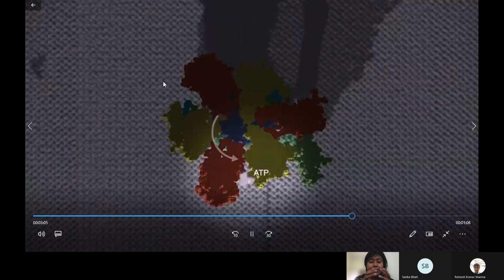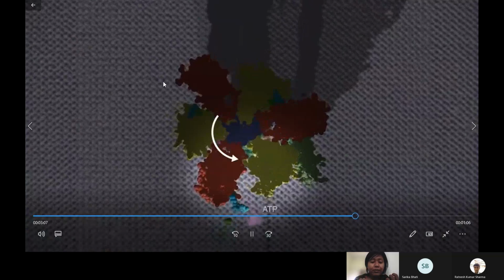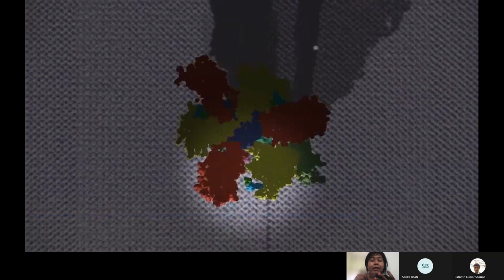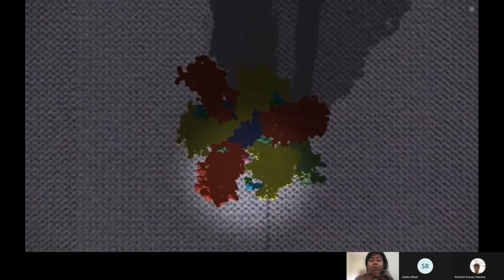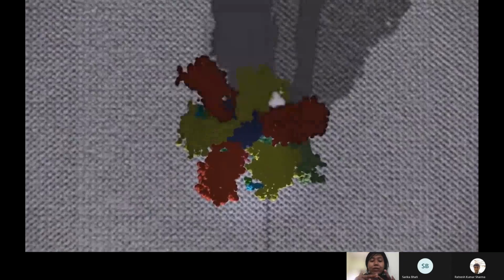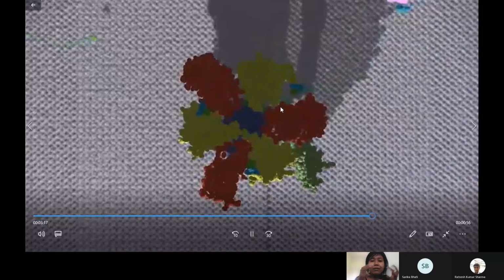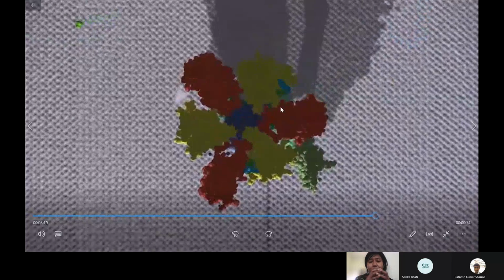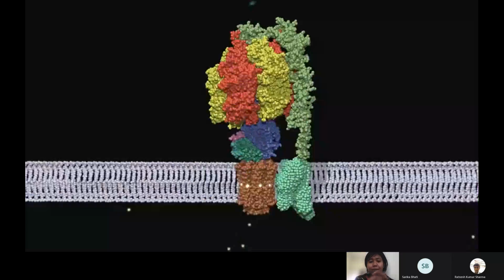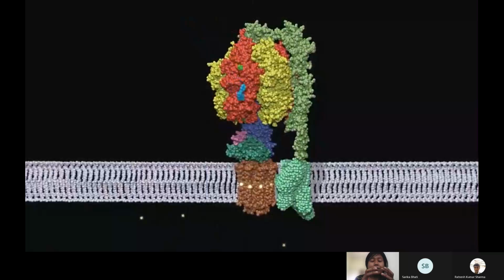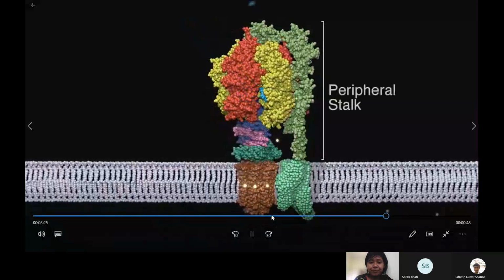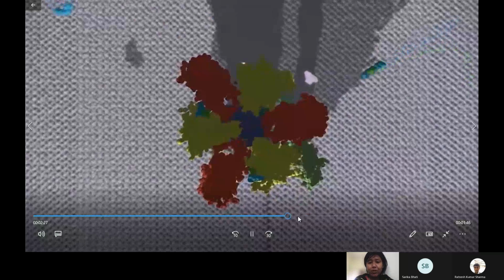Because what we have learned is there is an open state, a tight state, and a loose state, right? A loose state where ADP and Pi come and bind, a tight state where the catalysis of ATP formation takes place, and an open state where the ATP is released. Let's go back.